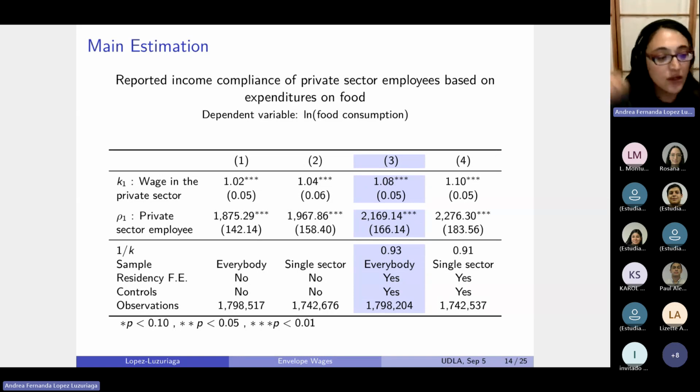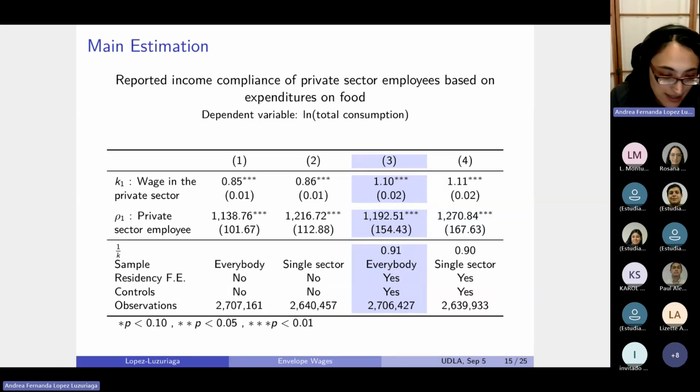So we are controlling for where you are living. And basically what we find is for every dollar that the public sector employee reports as wage, a private sector employee reports only 93 cents. And it's a little bit bigger if we use total consumption instead of consumption of food.